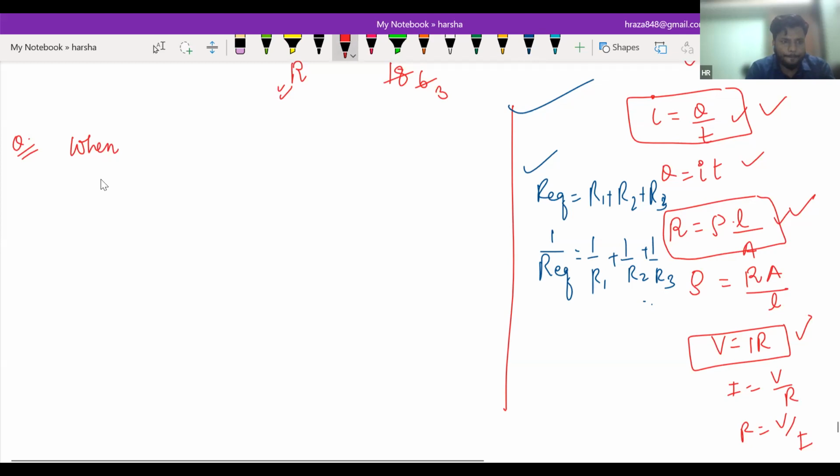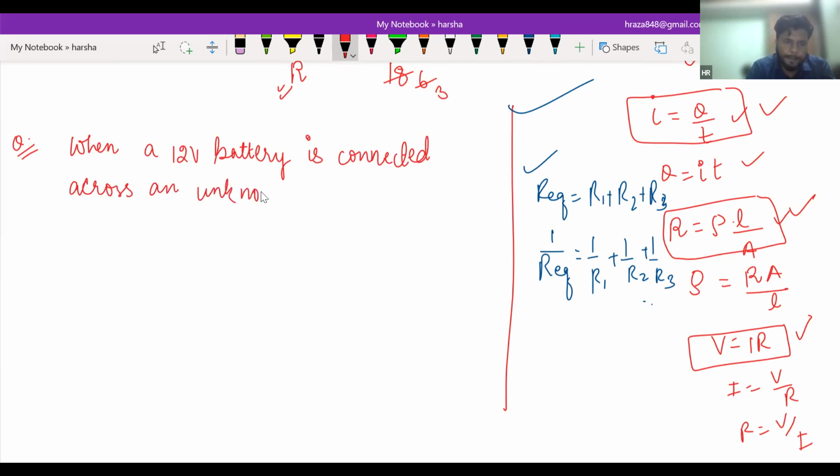So I'm going to give some more questions. When a 12-volt battery is connected across an unknown resistor, there is a current of 2.5 milliampere in the circuit.